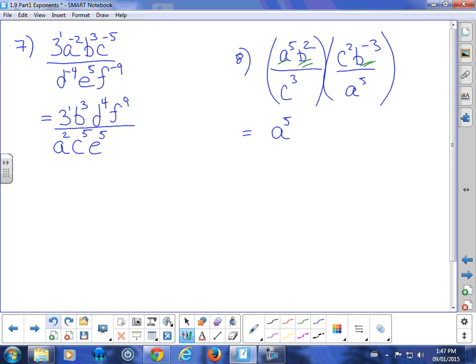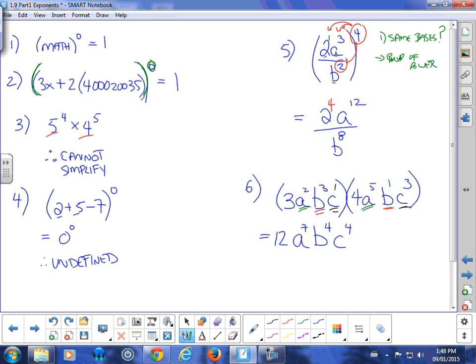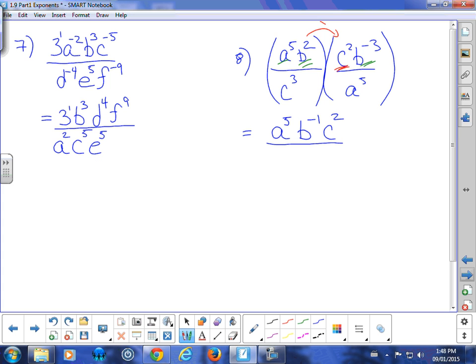Is there a B? There is a B. So I have to use my exponent laws, multiplication, add our exponents. So 2 take away 3, we end up with b to the negative 1. What about our friend C? Well, there's no other C on top, so it goes as C squared. Now, multiplying the bottom. Remember, we multiply across the top, and we multiply across the bottom.